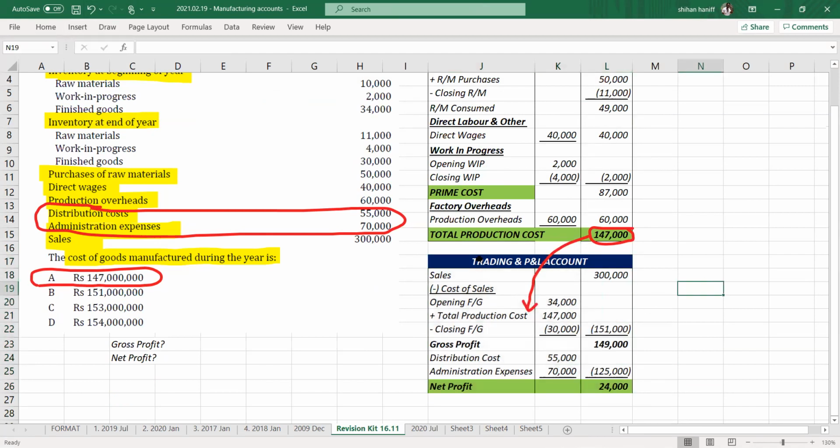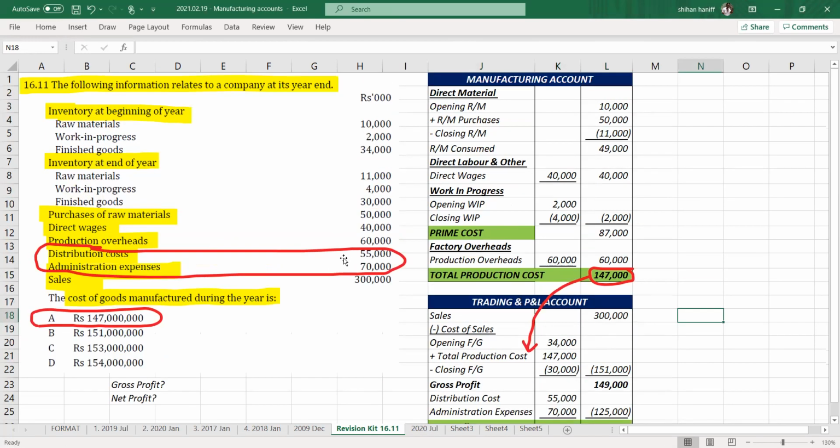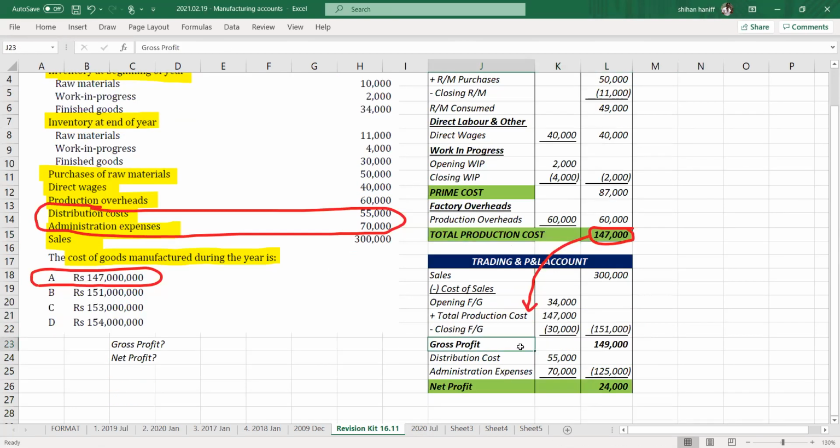In a normal trading account we have purchases, but in a manufacturing account we will take total production cost. Also sometimes they might purchase finished goods from outside as well. So there can be total production cost plus purchase of finished goods. That's how we calculate the total production cost, gross profit and net profit.